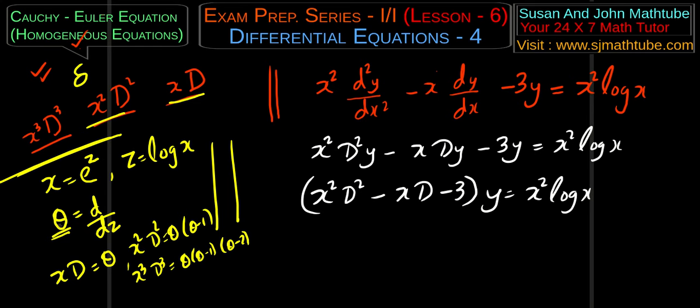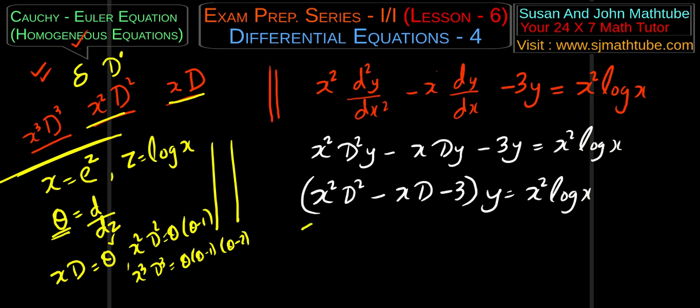In some other books, instead of theta, they use D dash. Anyway, you can refer to any book you like and follow the notation you like. I'm used to this theta because I learned like this long back.